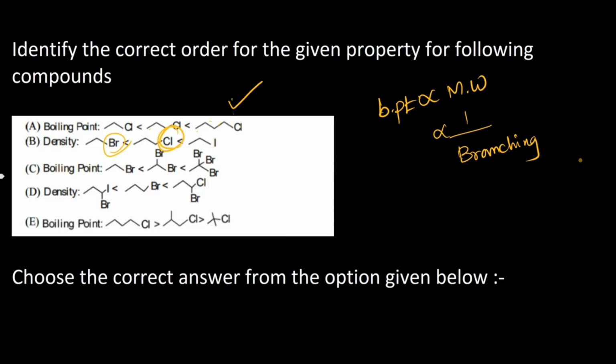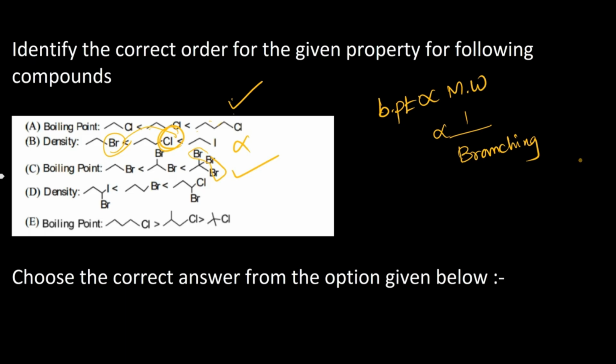It should be in the chloro position. So which makes it wrong. And then boiling point again. Branching is inversely proportional to boiling point. As the branching increases, boiling point decreases, but here, as you can see, I'm having more bromo groups, which will increase the molecular weight, so which makes this right.